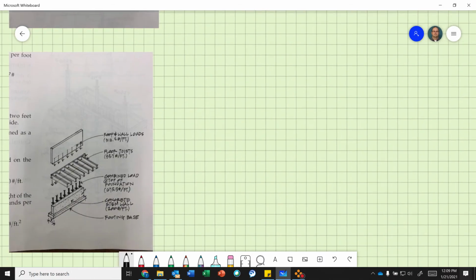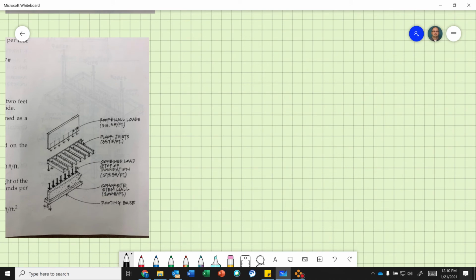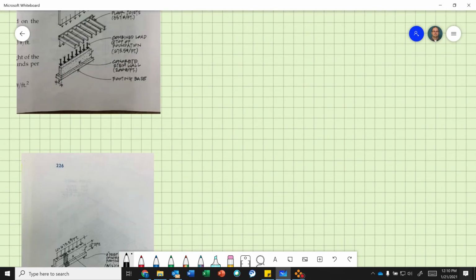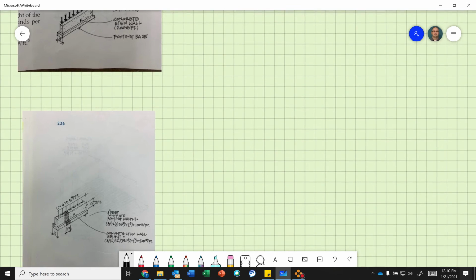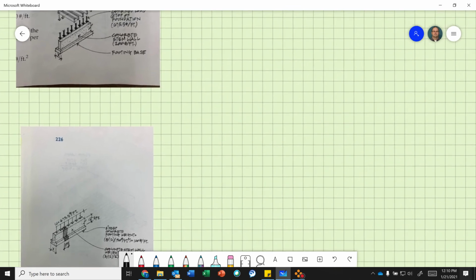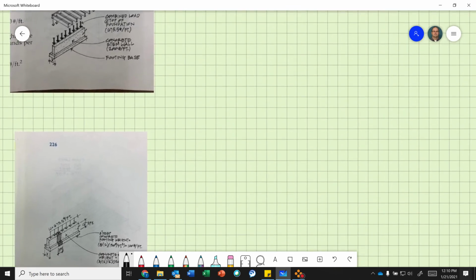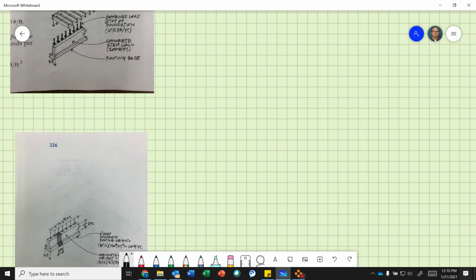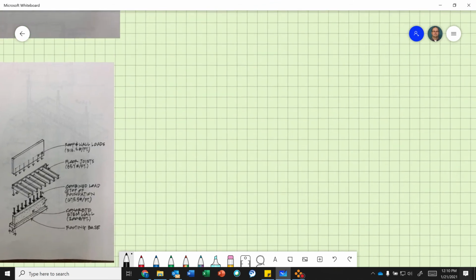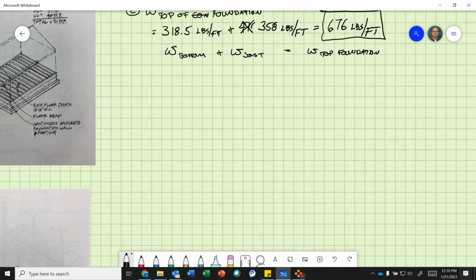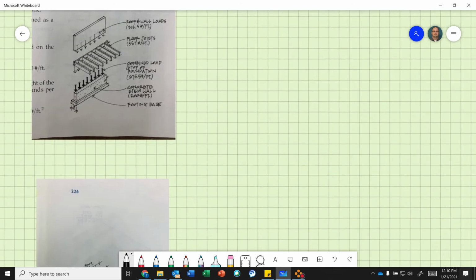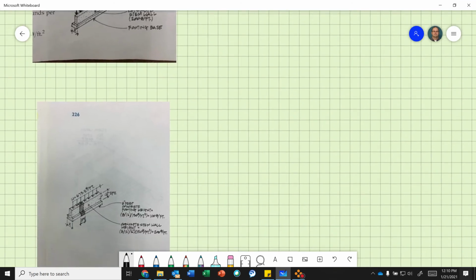So if I look here, they give you kind of dimensions of our concrete wall. Okay, I know my concrete stem wall is 2 feet. So I'm gonna kind of jump down on this diagram here. Okay, so this is my 676 pounds per linear foot.